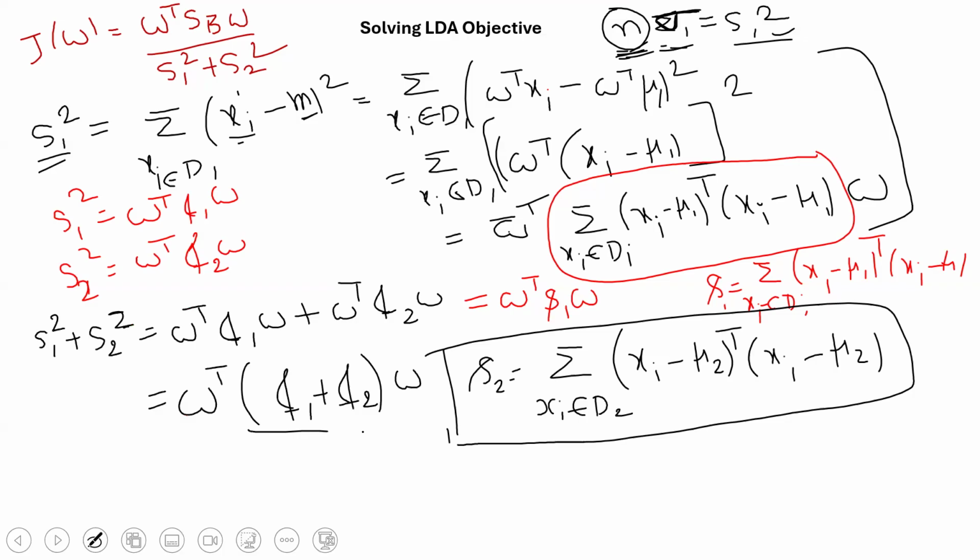So I'll again replace small s1 plus small s2 with SW, that is equal to small s1 plus small s2. So s1 formula is this, s2 formula is this. When you do the summation, it converts to this, and I'm replacing this whole term with SW.